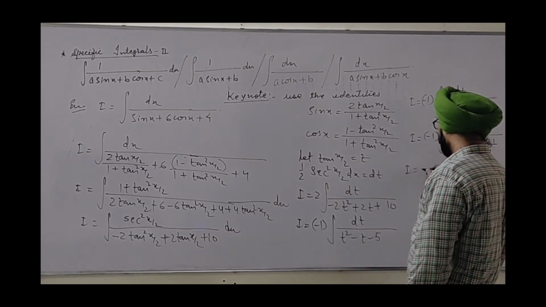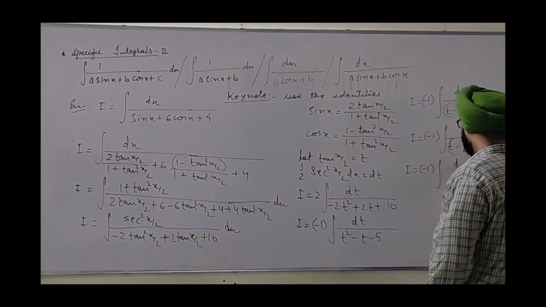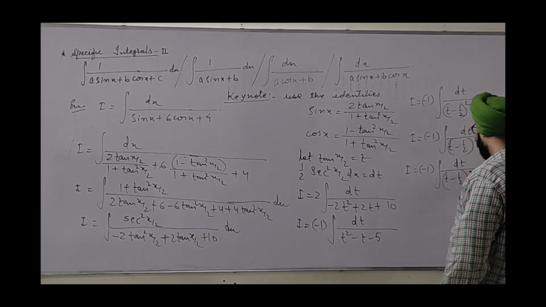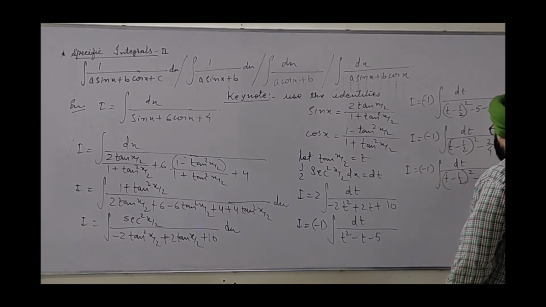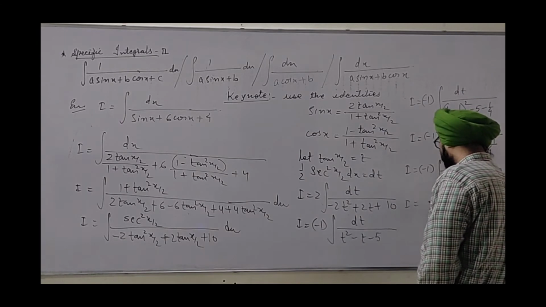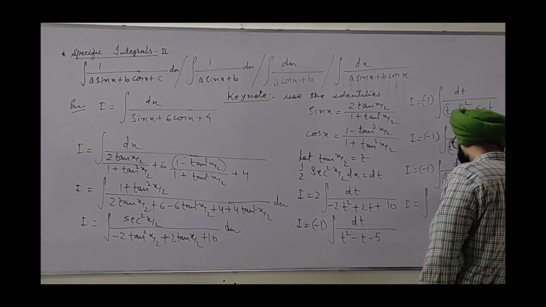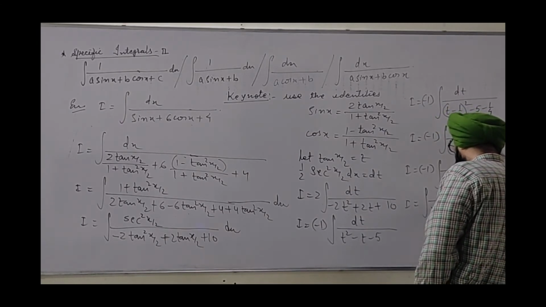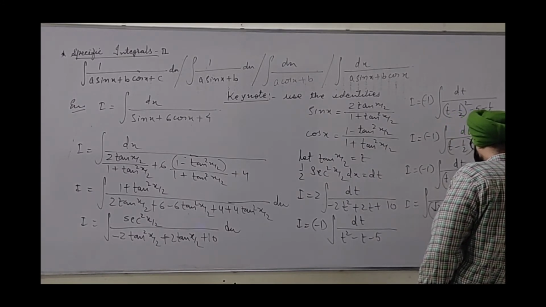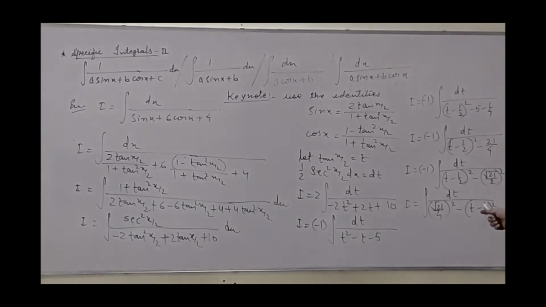So we have I equals minus 1 dt upon t minus 1 by 2 whole square minus root 21 by 2 whole square, and this minus I suppose I insert back here, so the terms can be written as dt upon root 21 by 4 whole square minus t minus 1 by 2 whole square, which can be compared to the formula 1 upon a square minus x square.